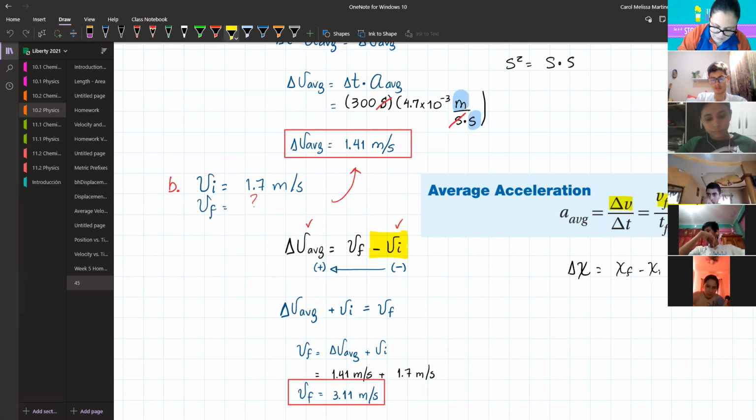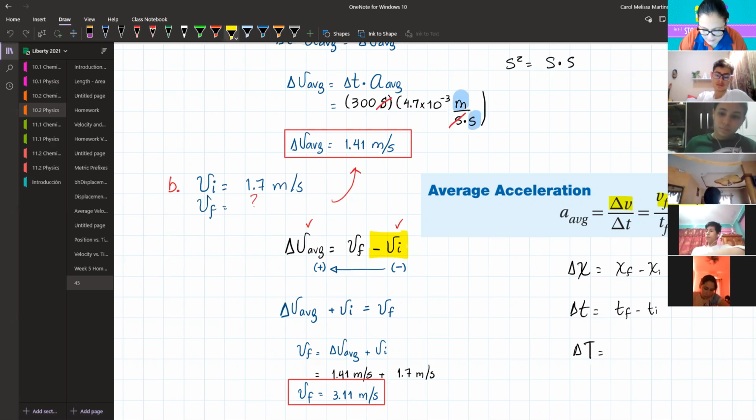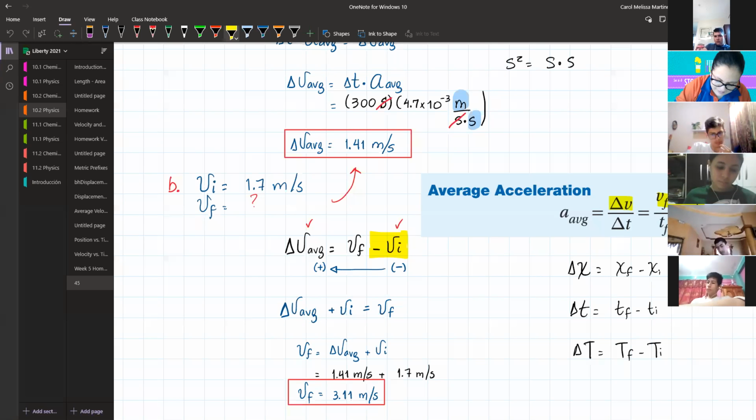If I talk to you about delta t, it's going to be the same, final time minus initial time. If I talk to you about change in temperature, uppercase T is for temperature, not time, delta T is going to be the final temperature minus initial temperature, and so on. So remember this. Every delta that you see here represents a subtraction of final minus initial conditions.